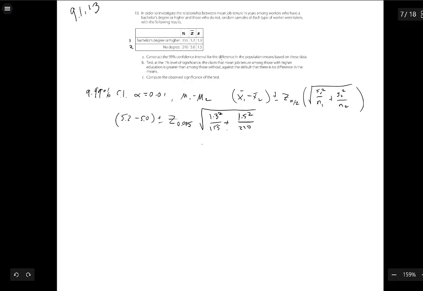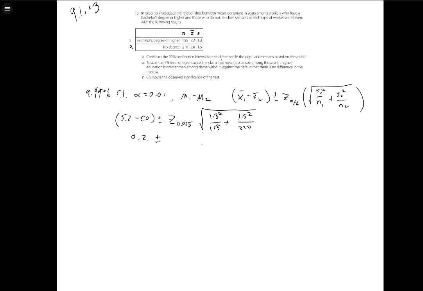All right, so a couple of things. We have to get one more piece of information here, then do some calculator math. So this is 0.2 plus or minus z at 0.005. We can get this a couple of different ways.